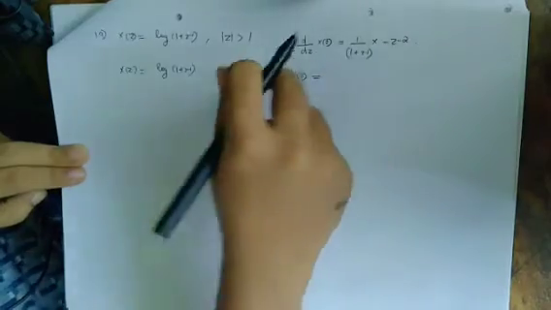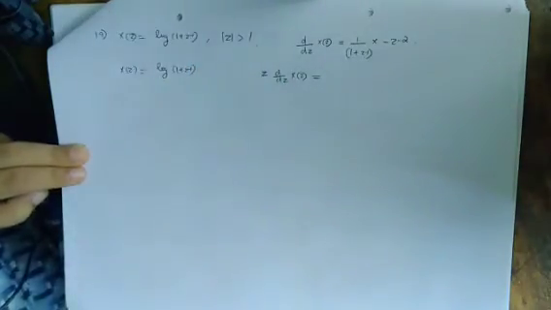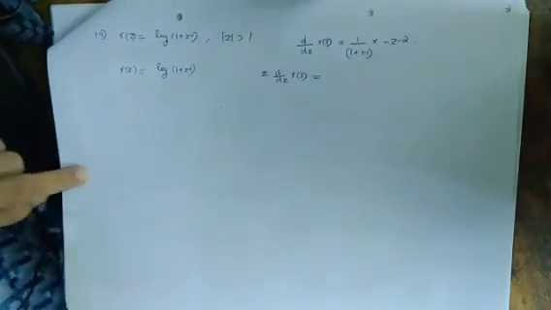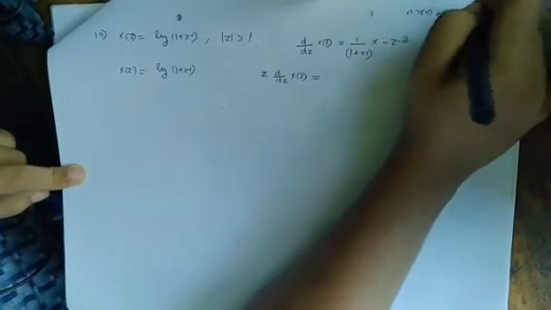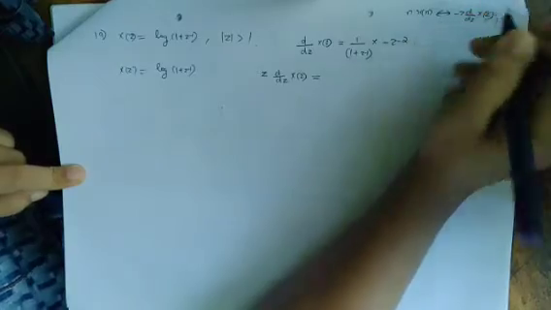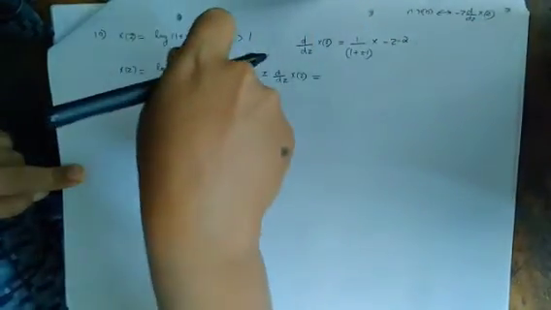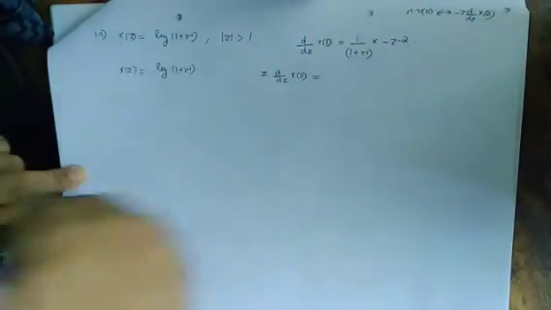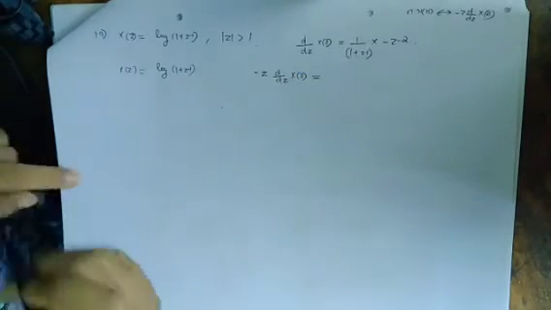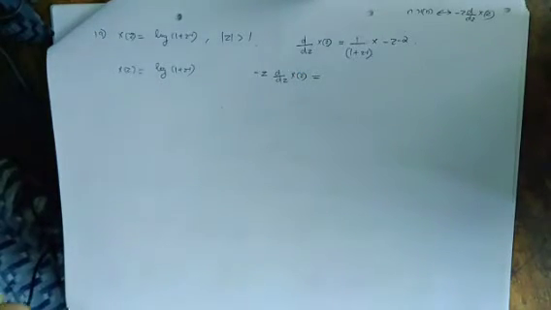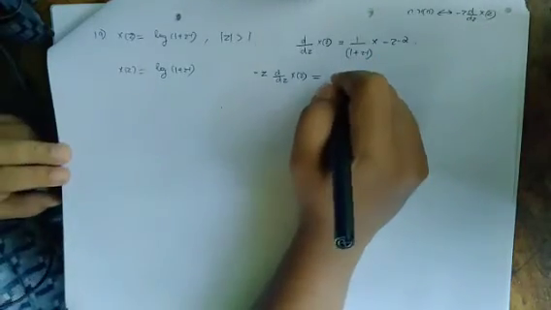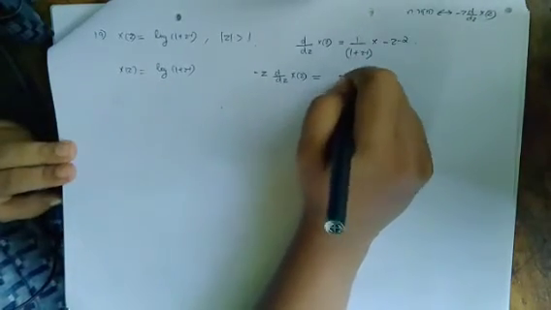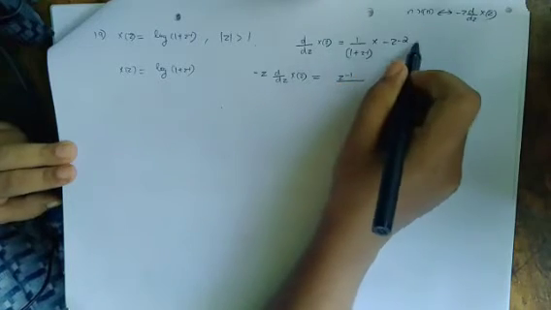We are doing this to use the property of Z transform, where n into x of n has a Z transform of minus z into d by dz of X of z. So if we have a z here, we can take it back into x of n form. For that reason, I am going to multiply by minus z on both sides. So we'll get z raised to minus 1 after multiplying by minus z on both sides.